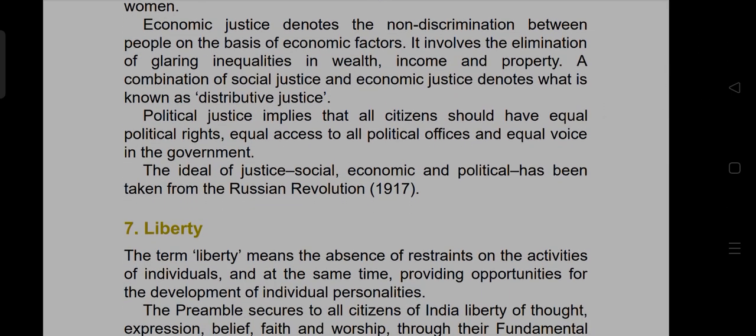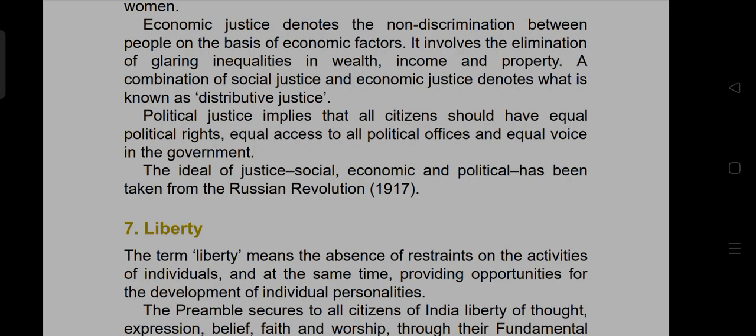Economic justice denotes non-discrimination between people on the basis of economic factors. It involves the elimination of glaring inequalities in wealth, income, and property. A combination of social justice and economic justice is known as distributive justice.